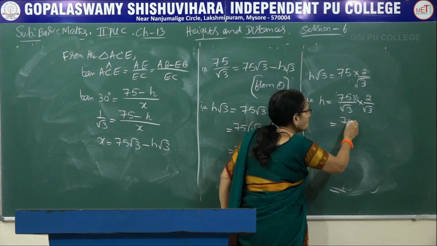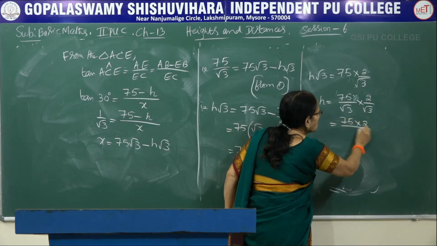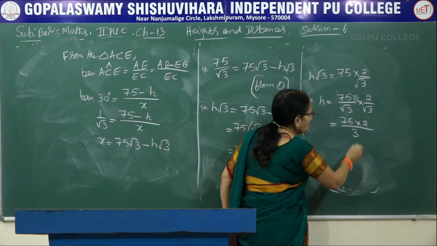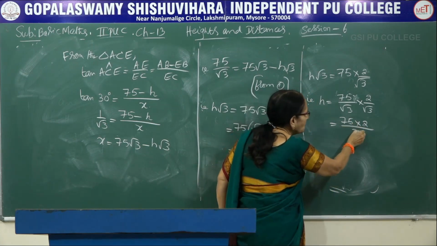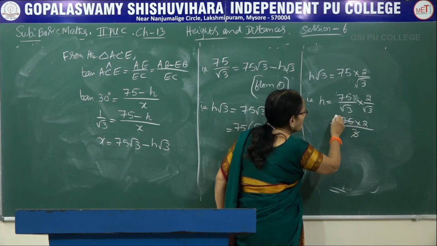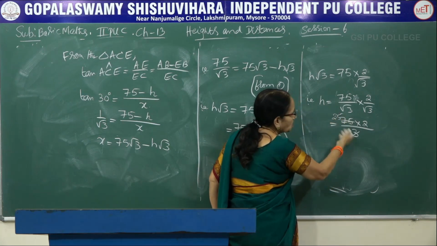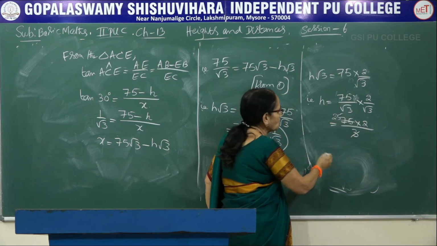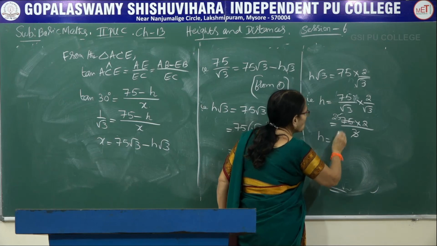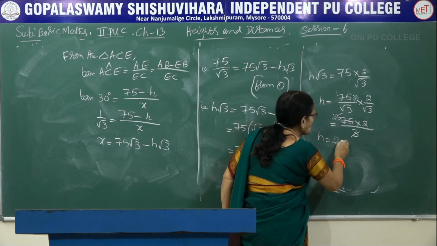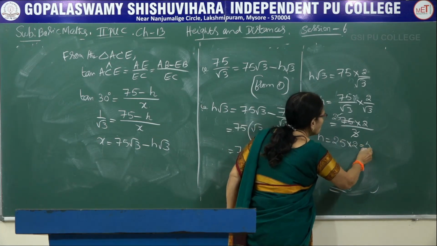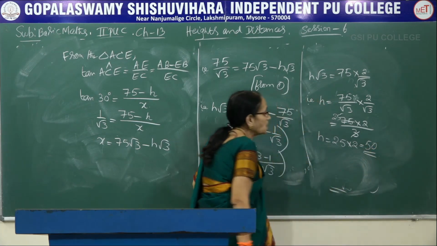That becomes 3. So it is 75 into 2 divided by 3. You can clearly see that from 3 by 3 you can divide. 3 2s are 3, 2, 3 5s are 25, 3 is 75. That is H is equal to 25 into 2. How much is that one? It is 50.